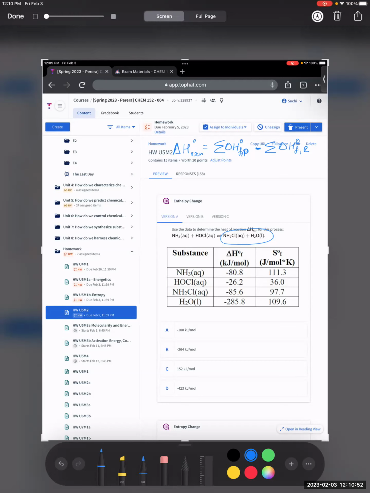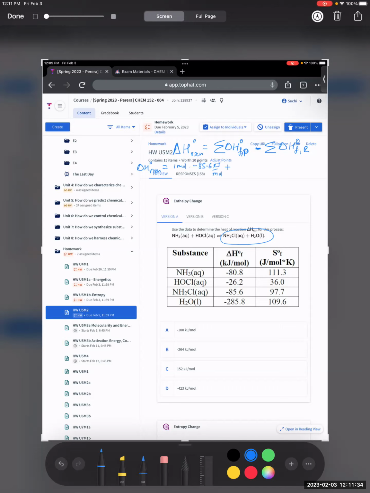Now for the products, we have 1 mole of NH2Cl in the balanced chemical reaction. So the delta H reaction should be 1 mole times the standard formation enthalpy for NH2Cl, which is minus 85.6 kilojoules per mole.